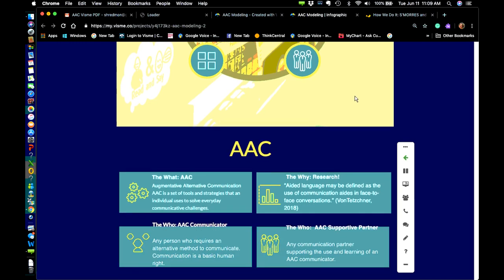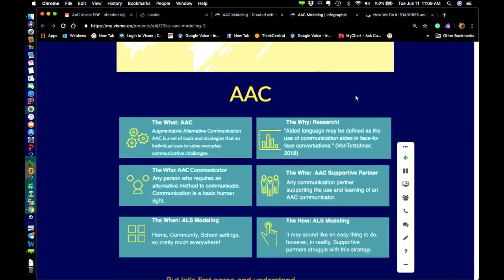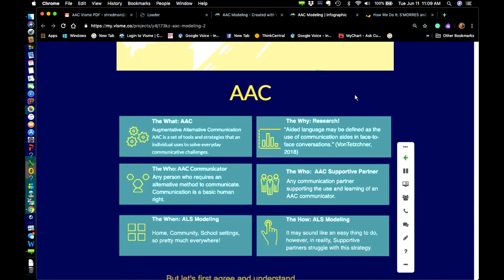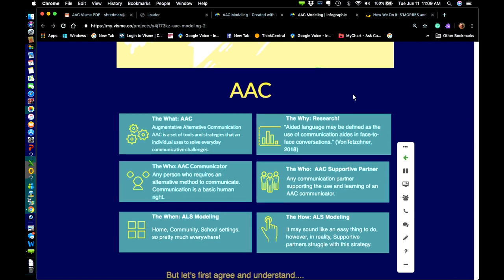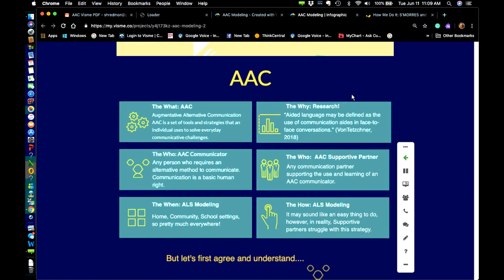As we go through AAC, what we're hoping you will take away today is that through this Visme and through this presentation and interactive infographic, you're going to walk away with two really solid examples. We have more research than just two, but that will be in here.